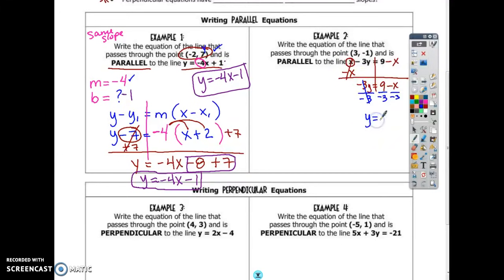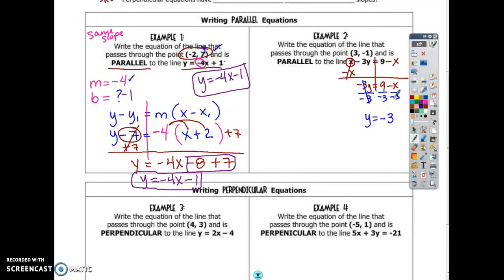Y equals, what's 9 divided by -3? -3. And what's -1 divided by -3? You guys have a calculator?